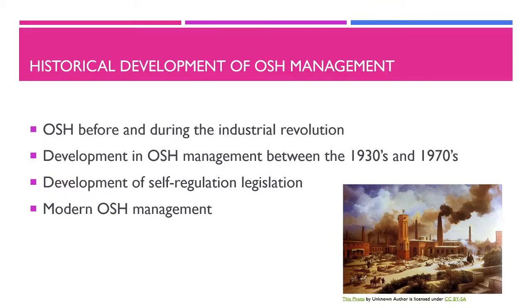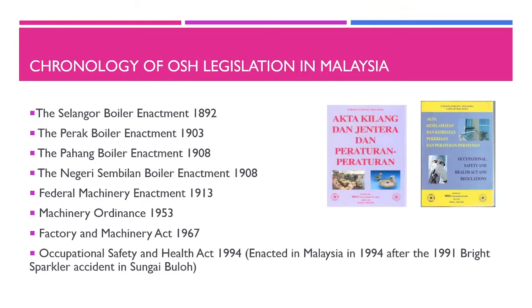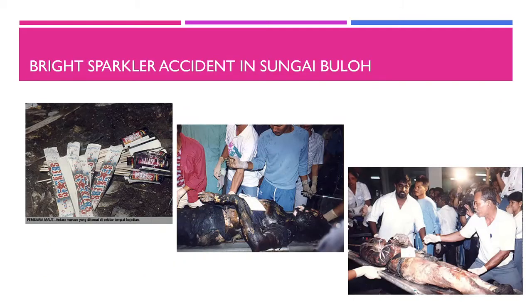This is the historical development of OSHA management. This is the chronology of OSHA legislation in Malaysia. It started in 1892 with the Selangor Boiler Enactment, until the existence of the Occupational Safety and Health Act 1994, which was due to the Bright Sparklers accident in Sungai Buloh in 1991.